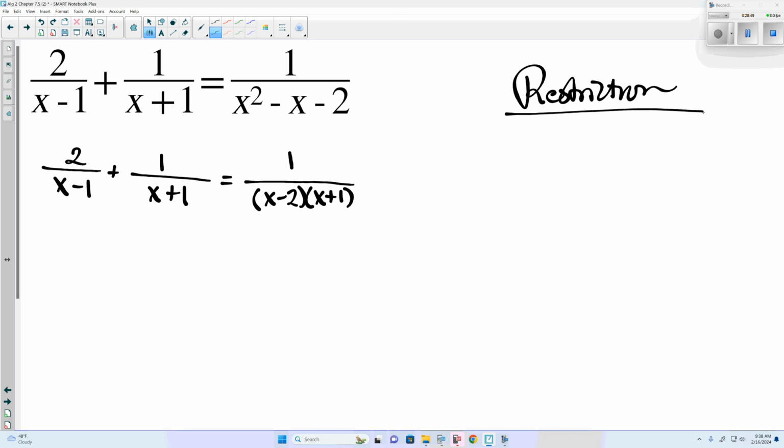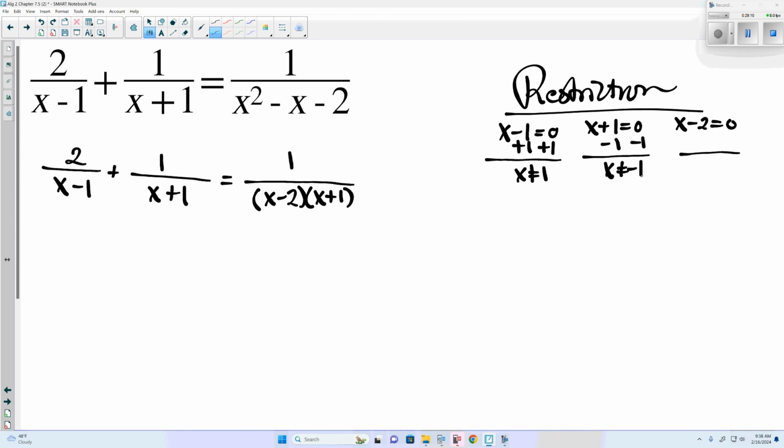Now that does give us 3 restrictions. With our x minus 1, we would add 1, telling us x cannot be 1. X plus 1, we would minus 1, telling us x can't be negative 1.